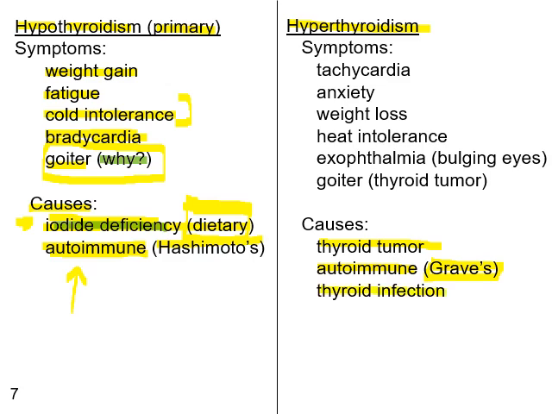Infection of the thyroid gland can sometimes cause proliferation of the cells and activation of the cells and hyperthyroidism. The symptoms of hyperthyroidism are tachycardia. Tachy means fast, so this is a rapid heart rate, anxiety, weight loss because the cell metabolism is hyperactivated, and so your body is burning a lot of calories.